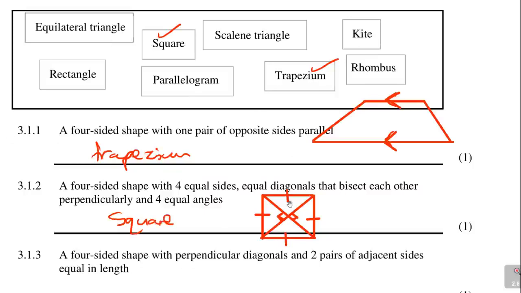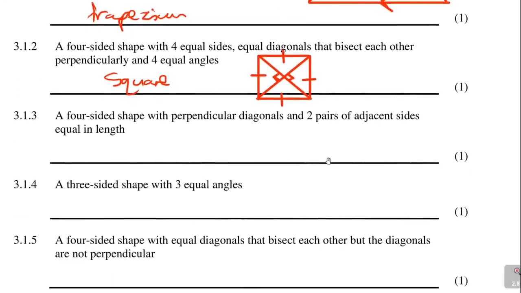Alright, but if I miss it, you guys correct that. A 4-sided shape with perpendicular diagonals and 2 pairs of adjacent sides equal in length. So the diagonals are perpendicular and 2 pairs of adjacent sides are equal. You need to know this shape.